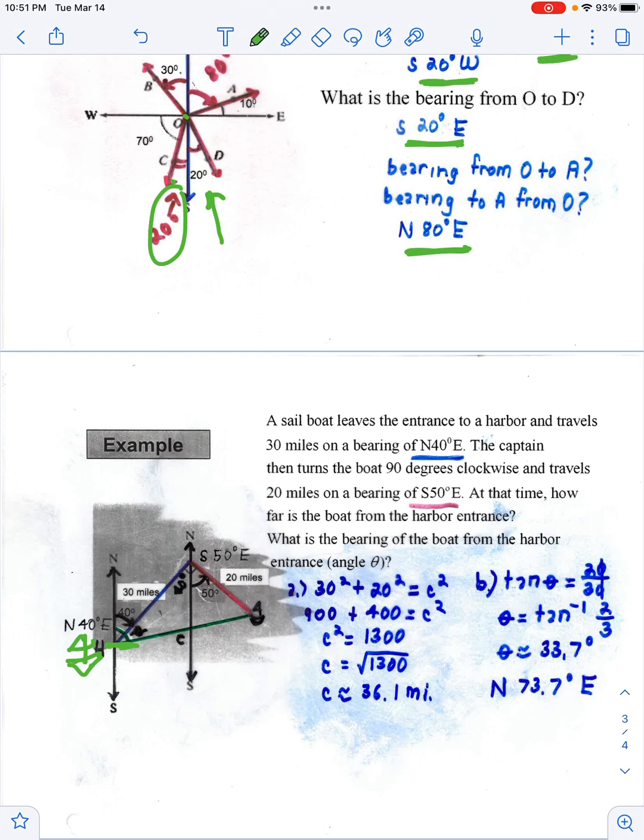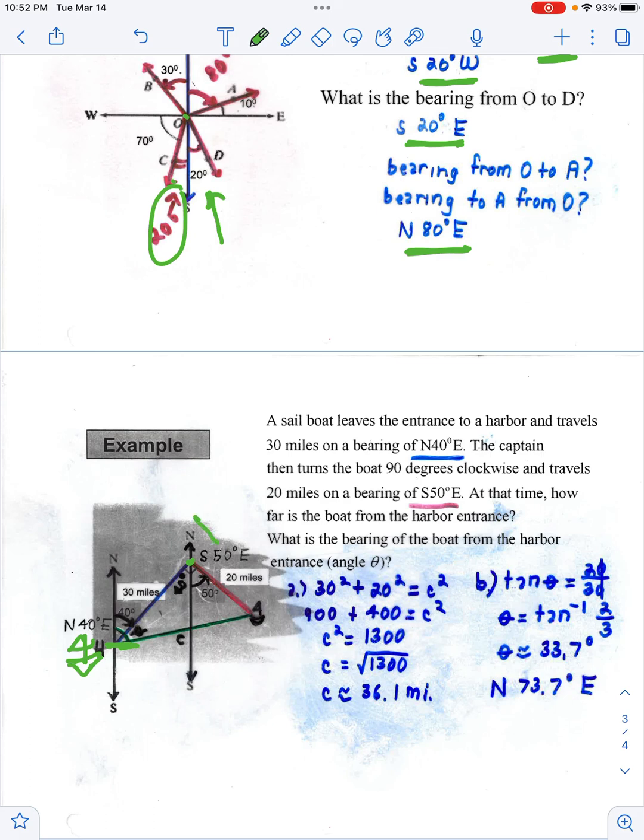Now it stops up here, and then it says the captain turns the boat 90 degrees clockwise, which means when you rotate clockwise, then the boat is going to head in the direction of the red line, which it says travels 20 miles on a bearing of south 50 degrees east.